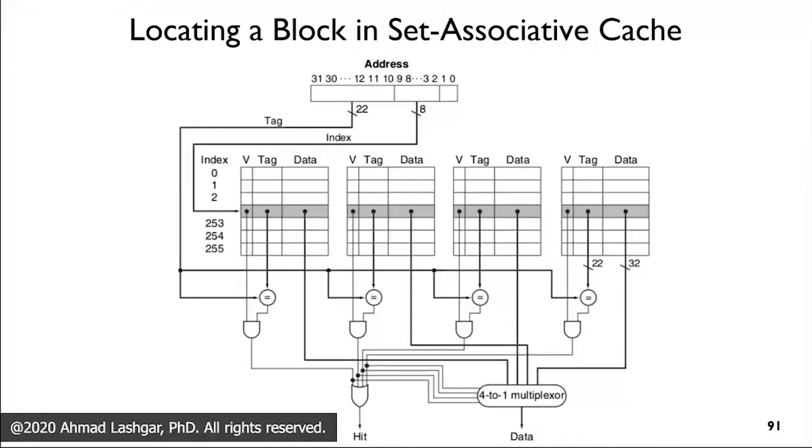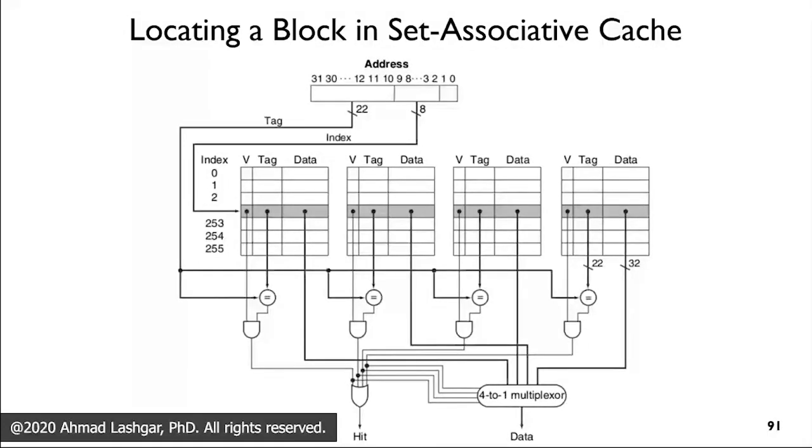For the lookup, the index field is sent to all ways. So we see 8 bits of index sent to all the 4 ways in this example. There is only one entry in every way, as the way itself is a direct map cache. Then we compare the tag of all ways.